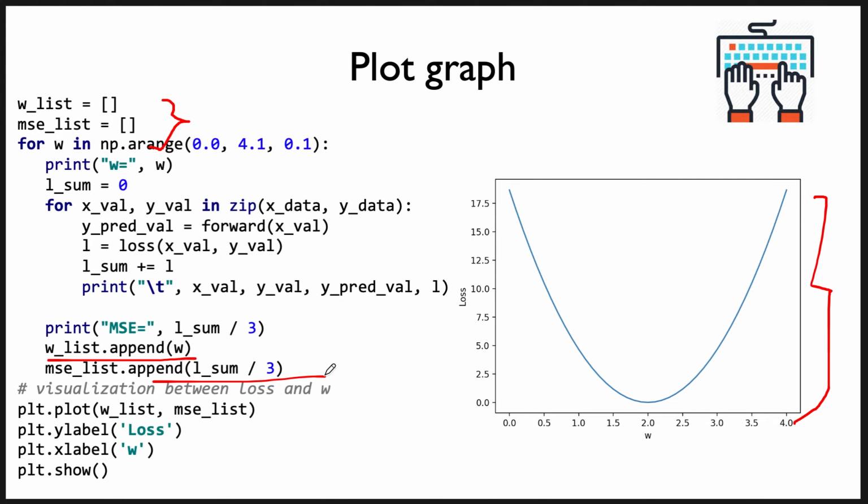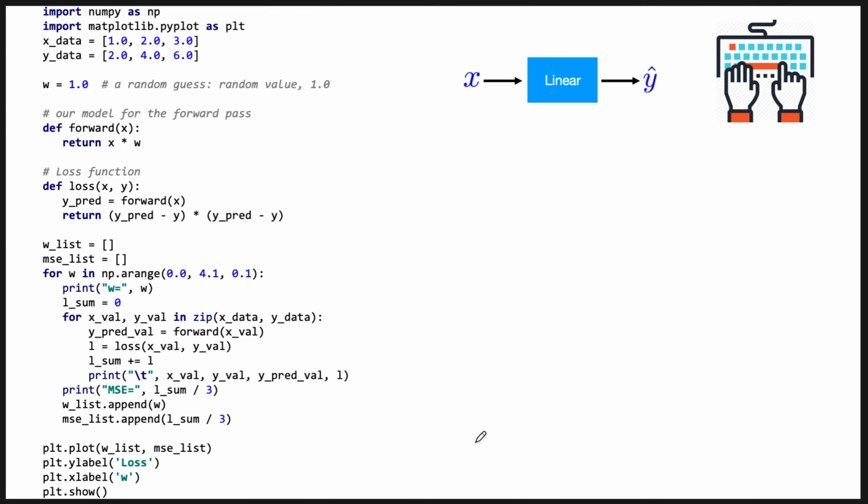We can plot these values, and we will see a very nice plot. This is our entire program. Hopefully, you will have no problem understanding it, and you can implement this in Python and compute the loss based on our equation.